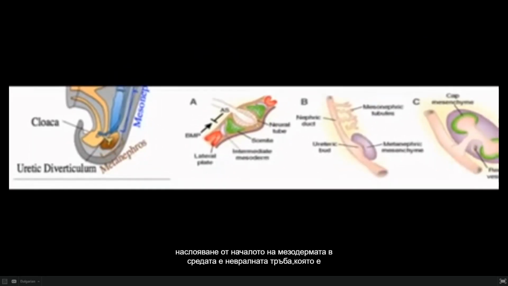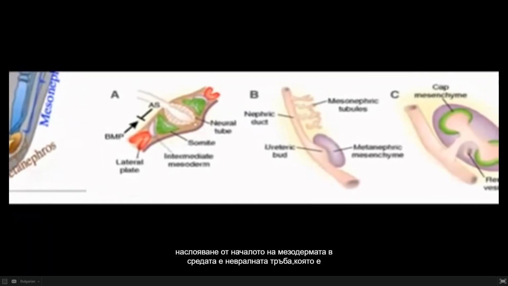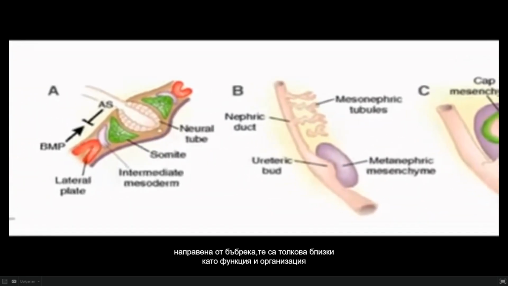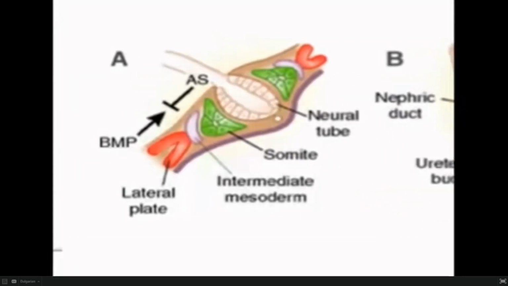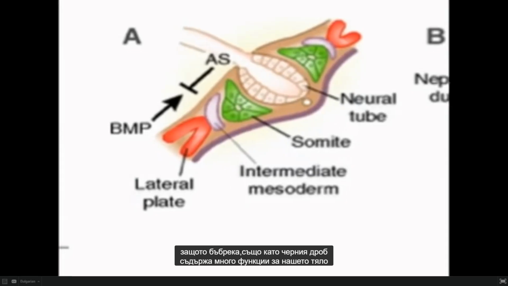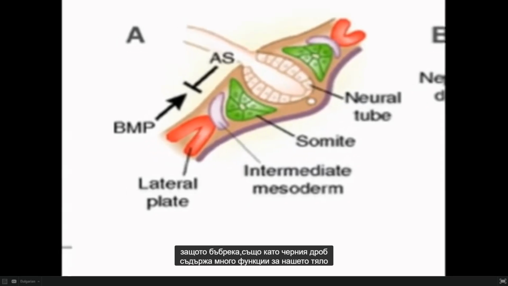In the middle is the neural tube, which means that the kidneys are so close in function and organization with the neural tube, because the kidney, like the liver, contains a lot of functions for our body.